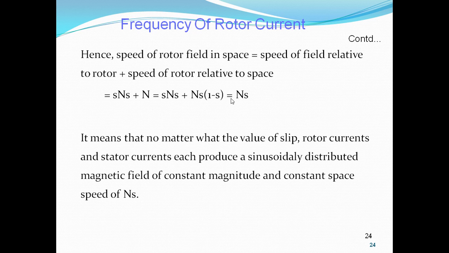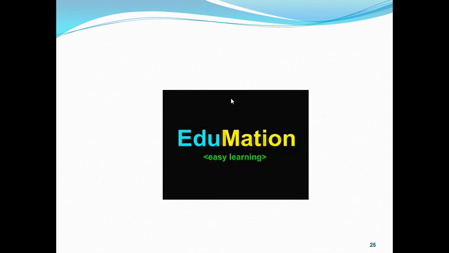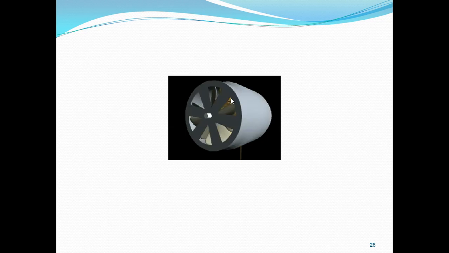So what is the meaning of this? It means that no matter what the value of slip, the rotor currents and the stator currents each produce a sinusoidally distributed magnetic field of constant magnitude and constant speed ns.